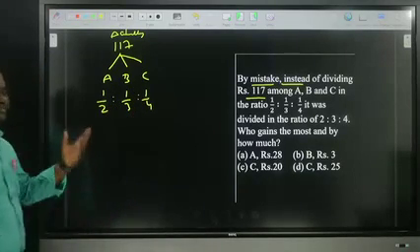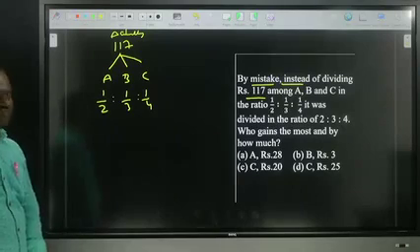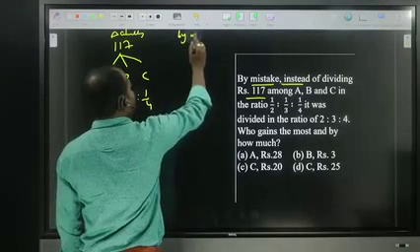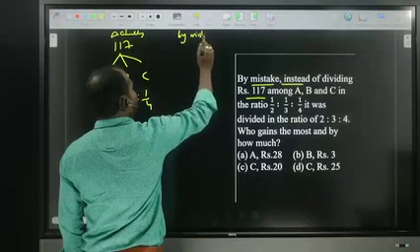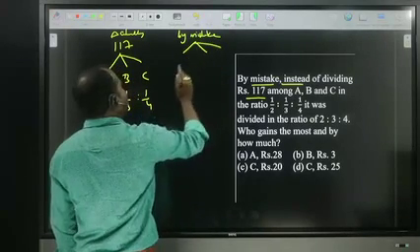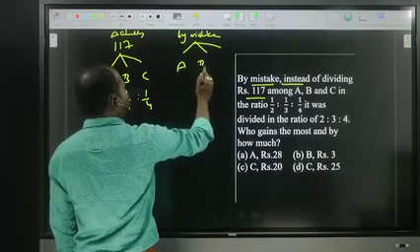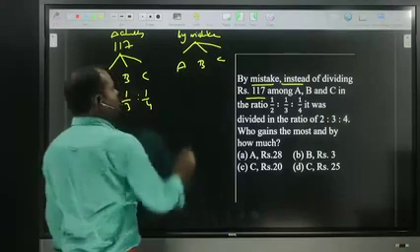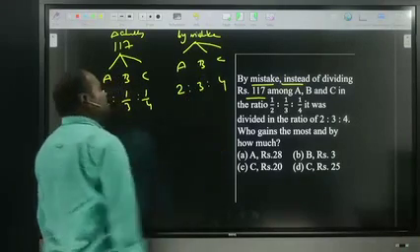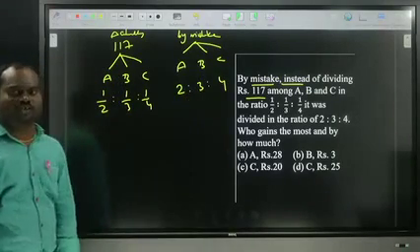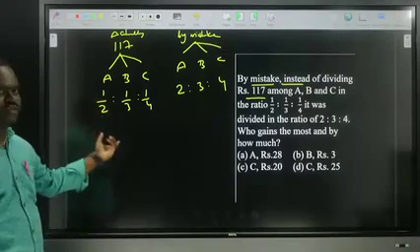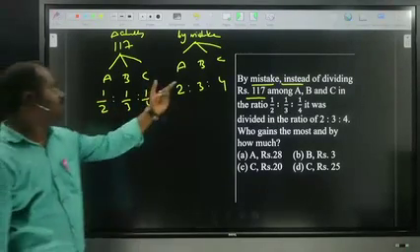But unfortunately, by mistake, this money was divided between A, B, and C in the ratio 2 is to 3 is to 4. Actually we should divide in the first ratio, but it was mistakenly divided in this ratio.